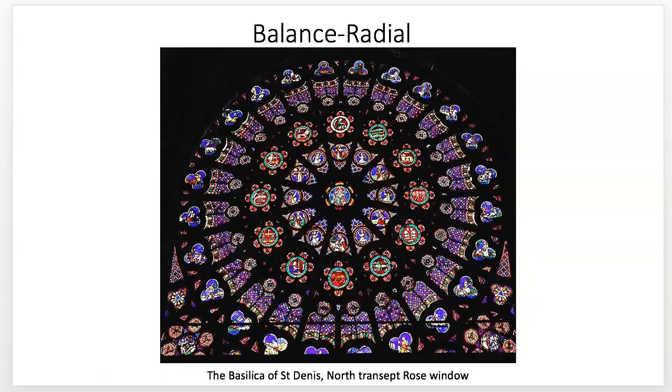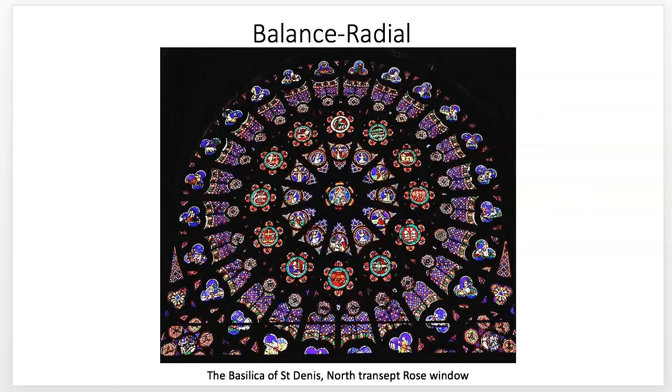We're going to go into a new type of balance called radial balance, which comes out of one point and having a feeling of balance. I think that stained glass windows are a really great example of this because the round ones in Gothic cathedrals do have this exact idea of coming out from a central point and creating a sense of balance across the whole window.